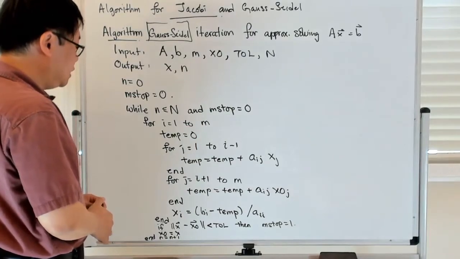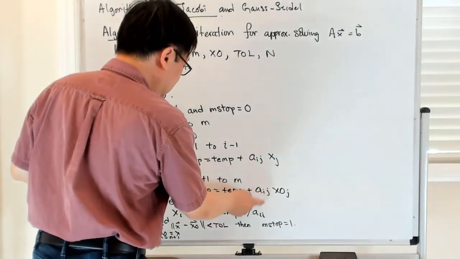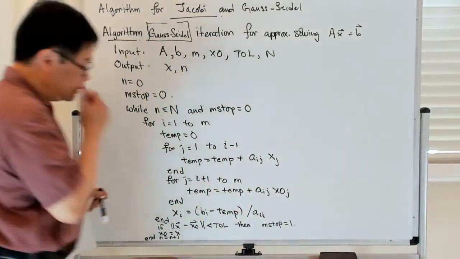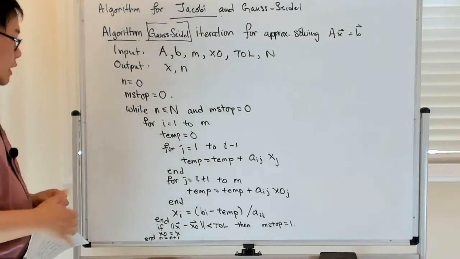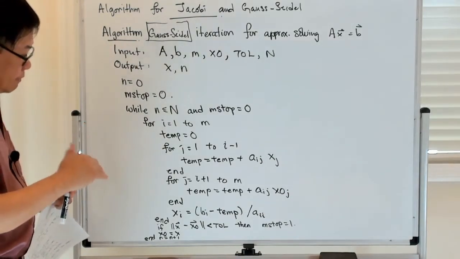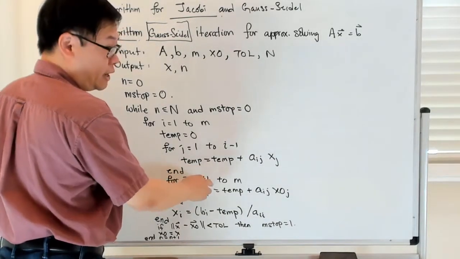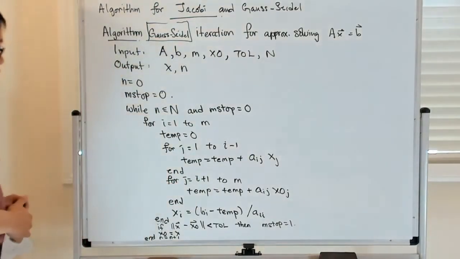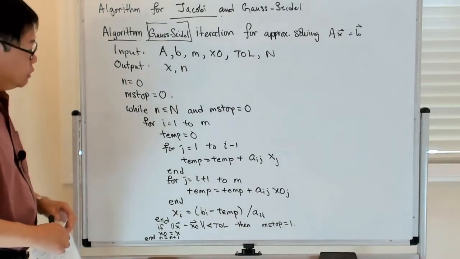And as before, you have to break it out into these two parts, and you just have to make sure that you're using the updated values for the j's which are bigger than i now. So that's the main difference. Hopefully you get an idea of what the code is really doing.